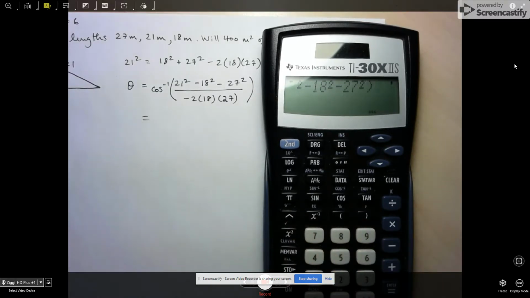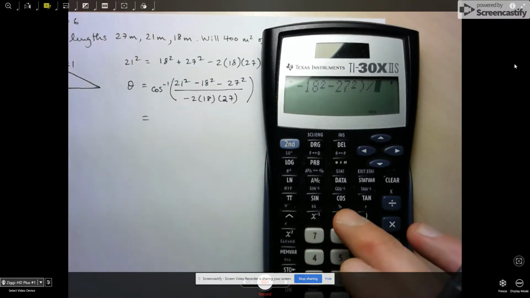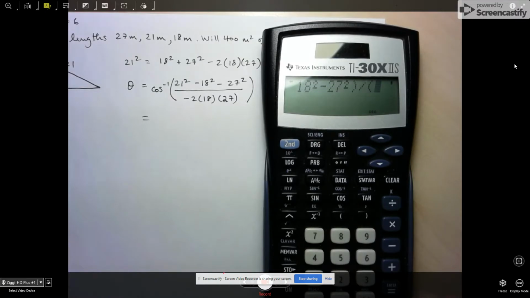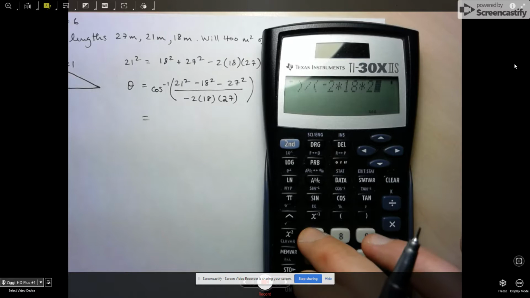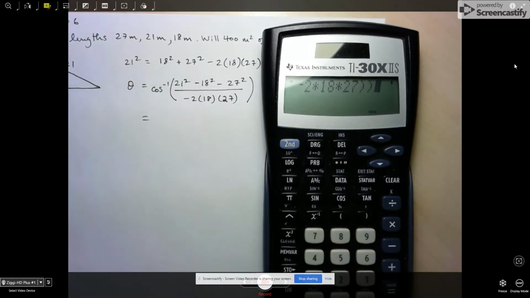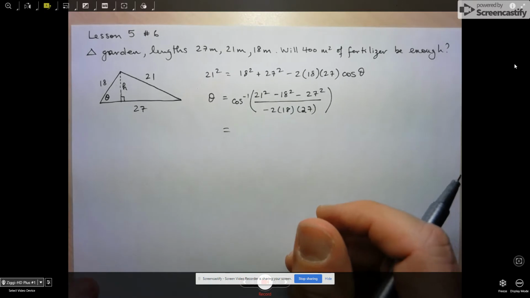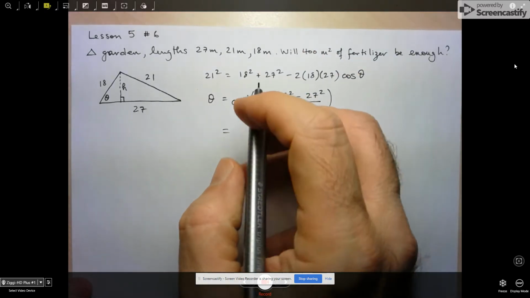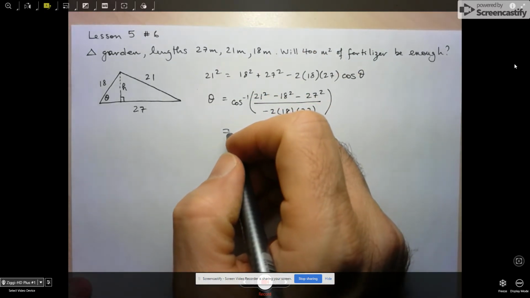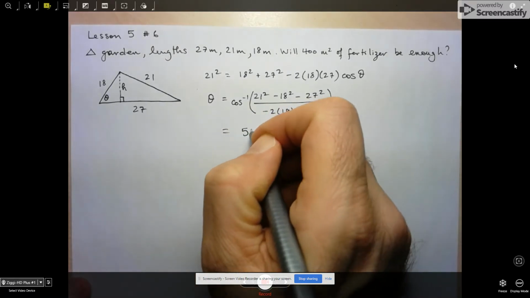Okay, close the brackets for the numerator, divided by, open the brackets for the denominator, -2 times 18 times 27. Close off the two brackets, and we have 50.977. So I'll just keep that as 51, because if I try to go to two decimal places, it still rounds up. So I'll make this 51 degrees.